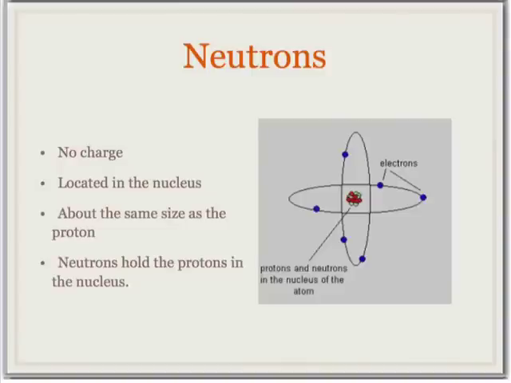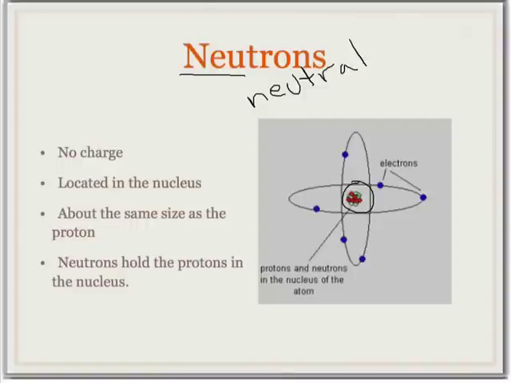Neutrons are also found in the nucleus. Again, we can see that right here in that center. That's the densely packed center. They have no charge, and you can remember that, thinking nu and neutral go together. Very similar writings there.